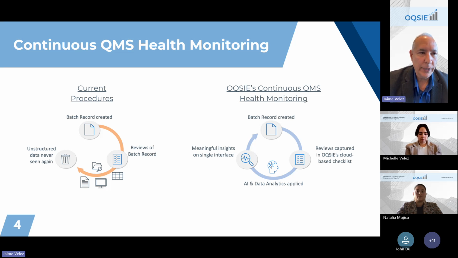We believe that there's low-hanging fruit opportunities by leveraging existing processes with minimal adjustments. We've created the framework for a Gen AI solution that we call continuous QMS health monitoring, focusing on enhancing management oversight and prioritization processes.